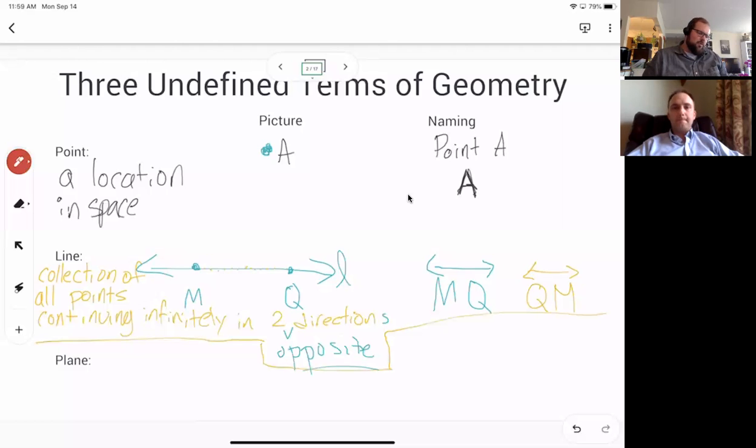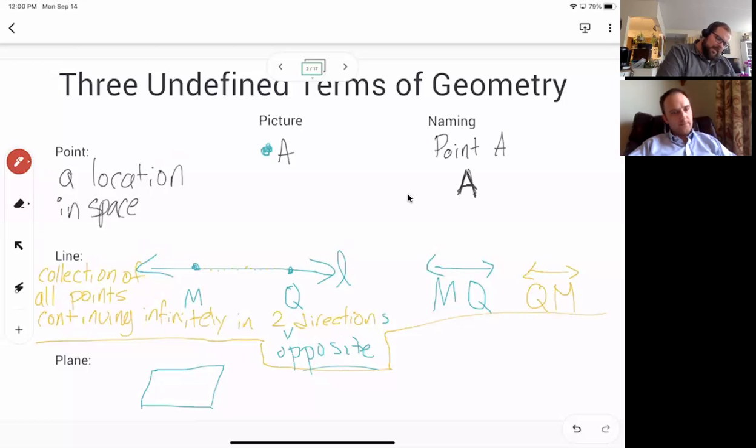And a plane, which we often visualize as kind of like a sheet of paper but going on forever, we can measure in two different directions. That's why we include the word opposite there. So we can talk about both the length and the width of a plane. And again, these are going to go on forever in all directions.